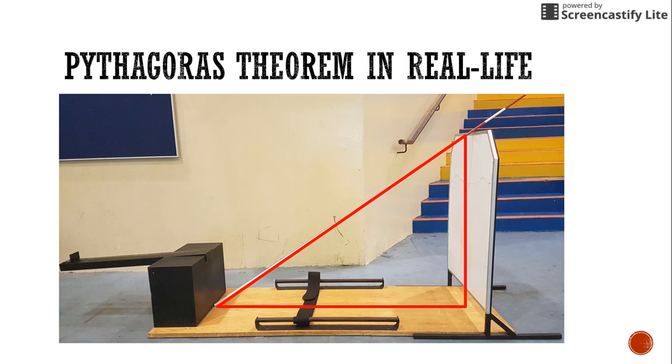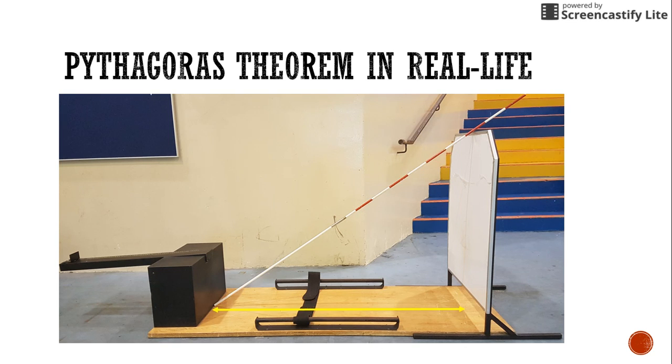Alright, so what's the point of using a Pythagoras theorem in this case then? Well, given the length of the base and also the length from the base to the top of the backboard, we would be able to find for the length of the pole that reaches out from the base to the top of the backboard, because this is a right angle triangle.